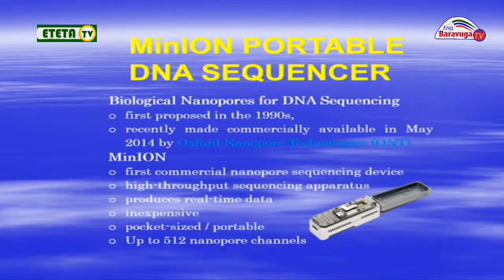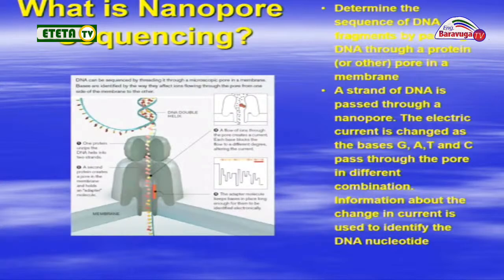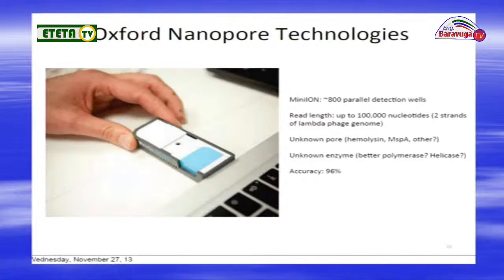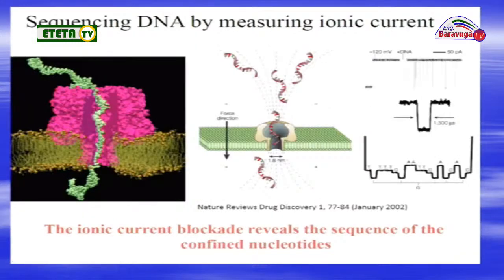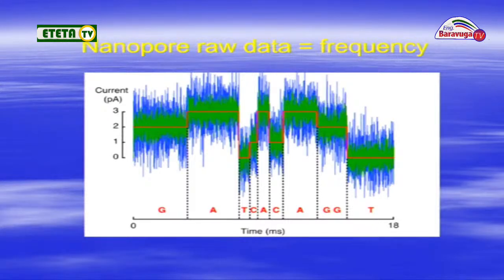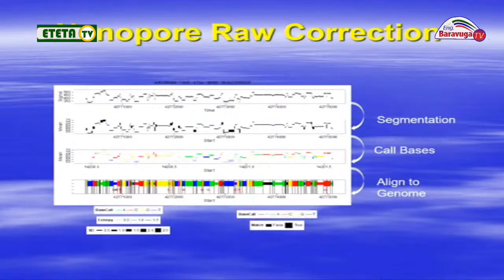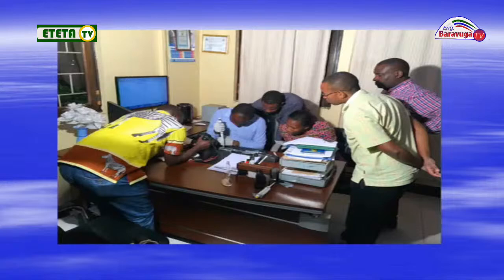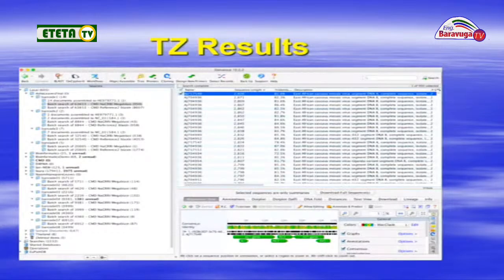It involves a device like the MinION where you load DNA samples, and then when the DNA samples pass through those nanopores, with the electric current, they make shifts in electric current, which is captured as signal, and it will enable you to sequence the whole genome of any organism.